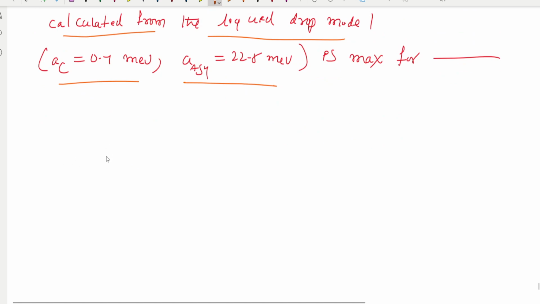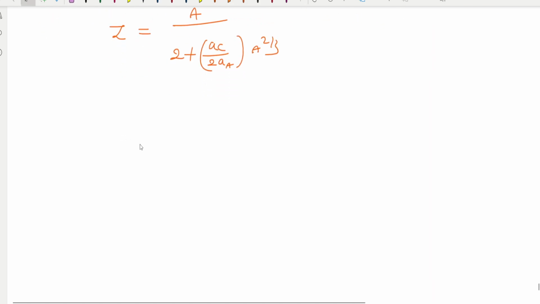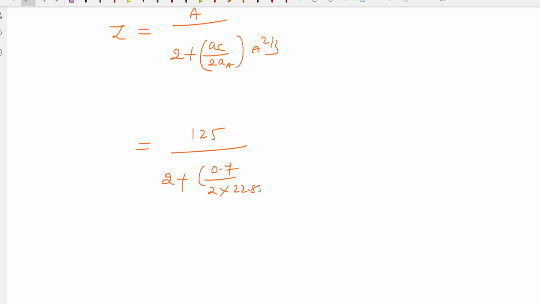Okay, so Z maximum, right? Z equal to A divided by 2 plus AC divided by 2, A power 2 divided by 3. So if you use the A value, 125 divided by 2 into 0.7, 2 into 22.5, 125 into 2 divided by 3.